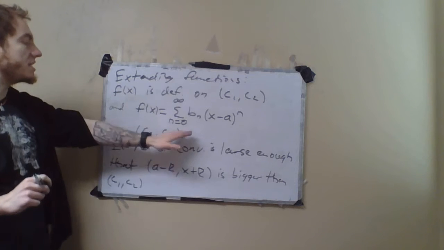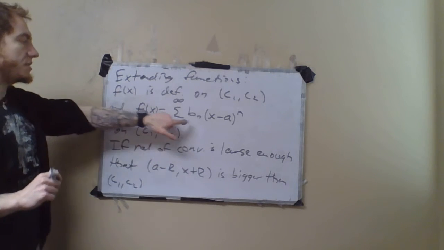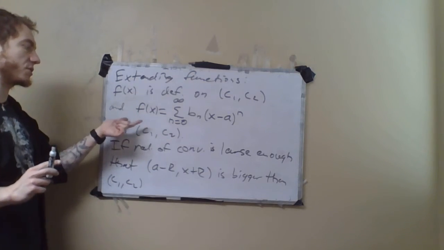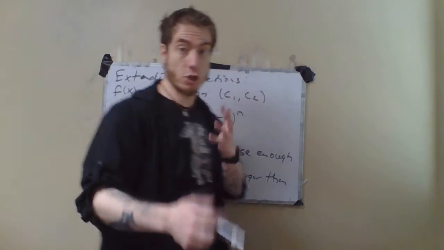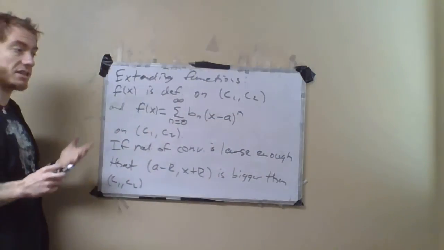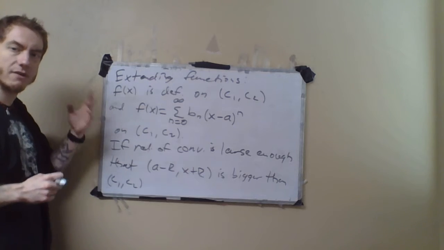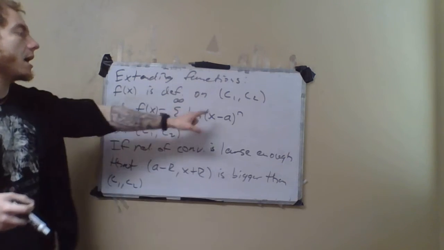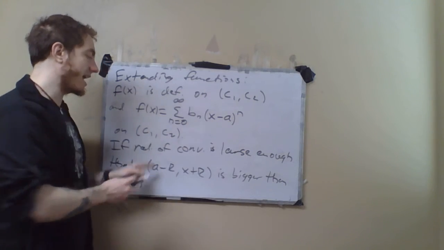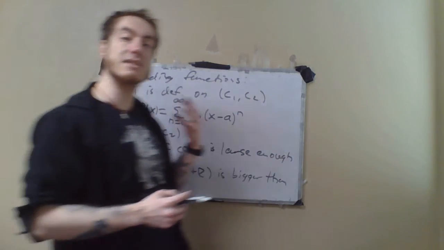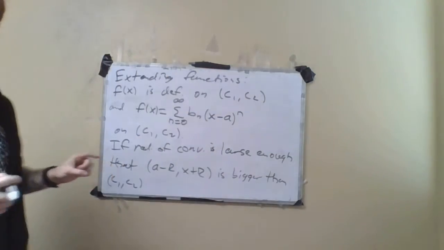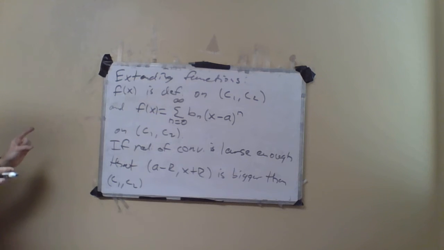On this interval, this series agrees with the function, and the derivative of the series will agree with the derivative of the function, and so on to all degrees of derivatives. So the second derivative, third derivatives, all of those will agree on this interval. But also, this series makes sense outside the interval. So we can extend the definition of our function off of this interval by using the power series.